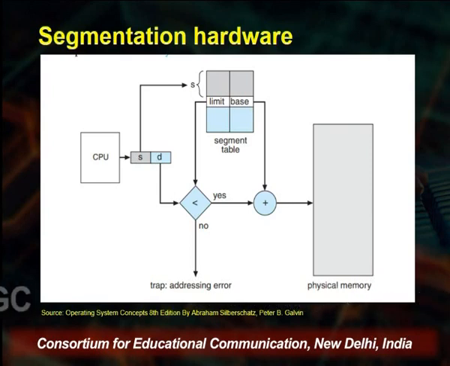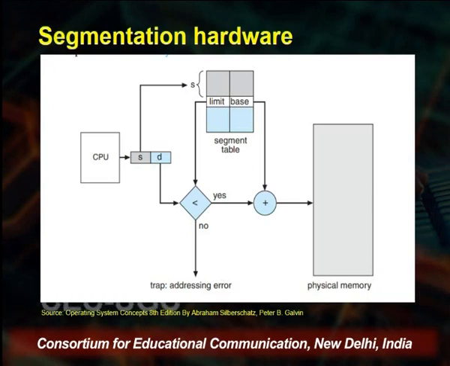So, as we have seen in this figure, the CPU generates segments and logical addresses. With the help of the segment table, this logical address is converted into the physical address, but after checking that the limits are within the permissible ranges. If yes, then it is going to add the base. How this addition is performed, I will take up in an example.